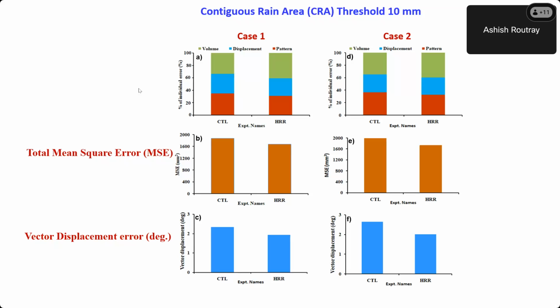In the second row, we have the total mean square error. If you add all this, the HRR is slightly less as compared to control. The vector displacement error in degrees also shows the HRR has good performance as compared to control.